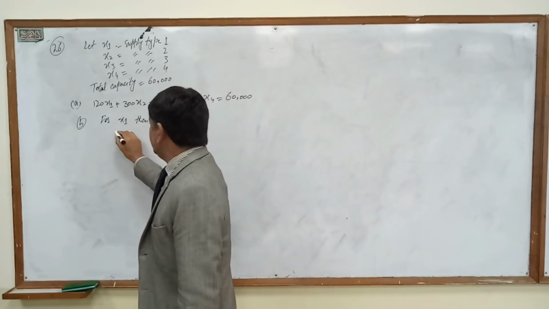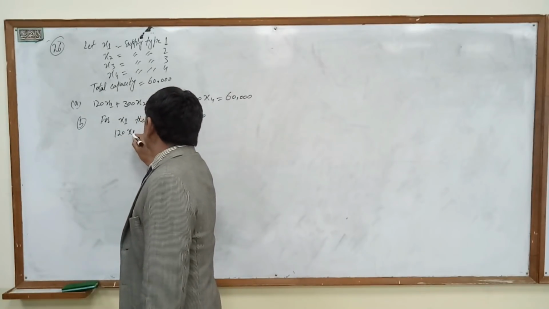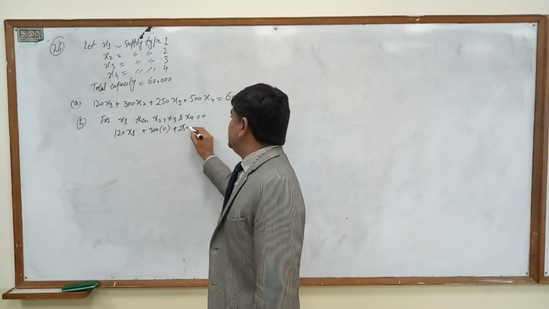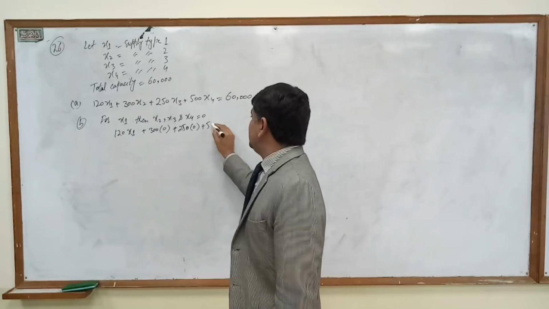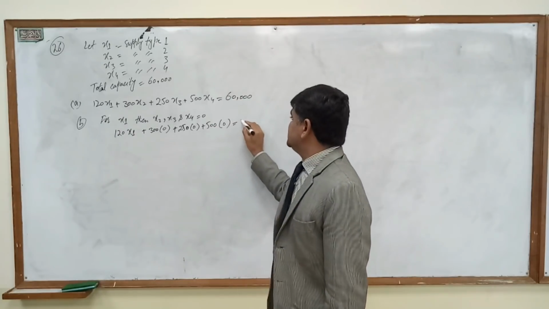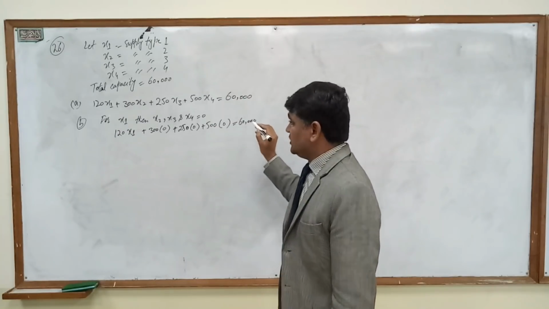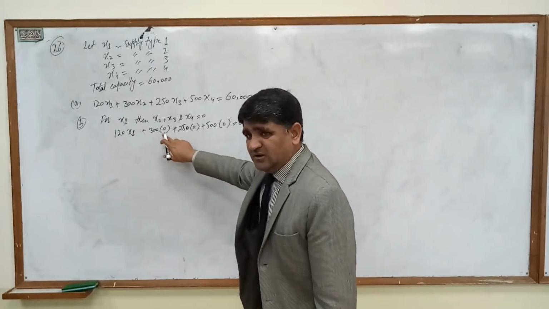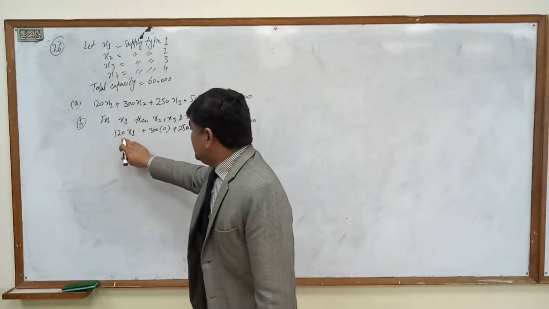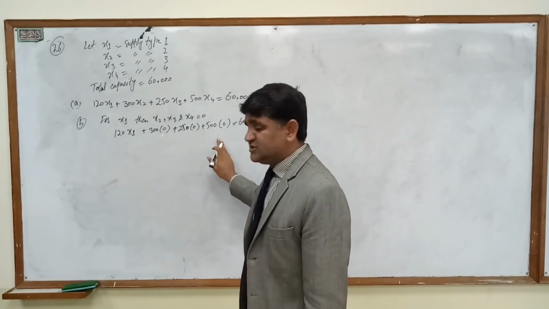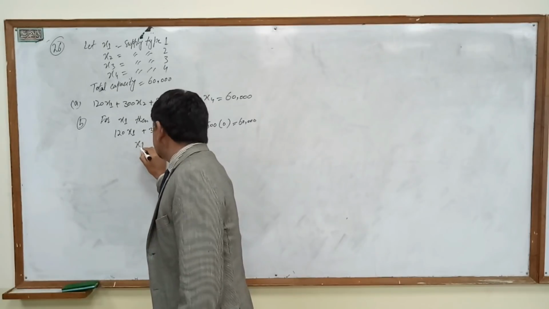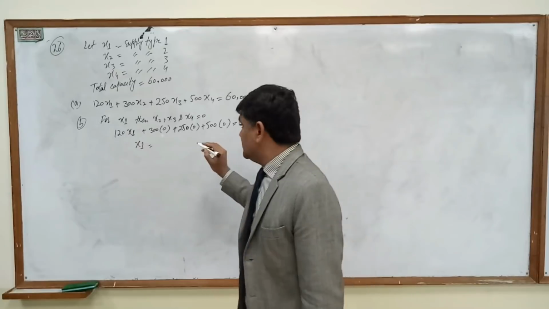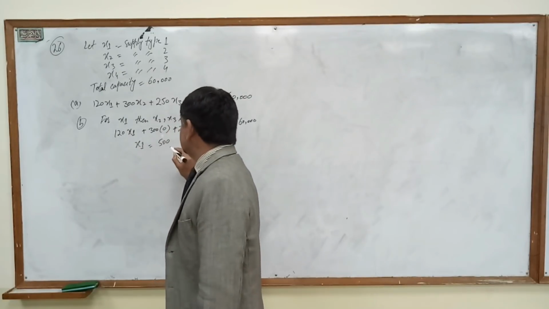We can simplify: 120 x1 plus 300 into 0 plus 250 into 0 plus 500 into 0 is equal to 60,000. So 120 x1 is equal to 60,000, and x1 is equal to 60,000 divided by 120, which is 500 containers.